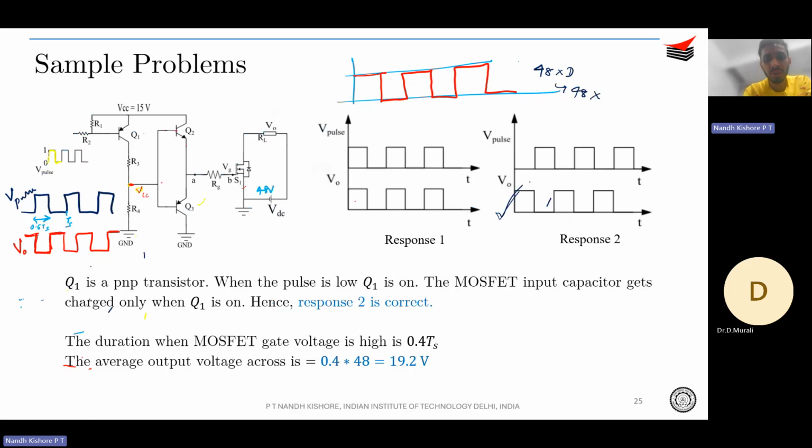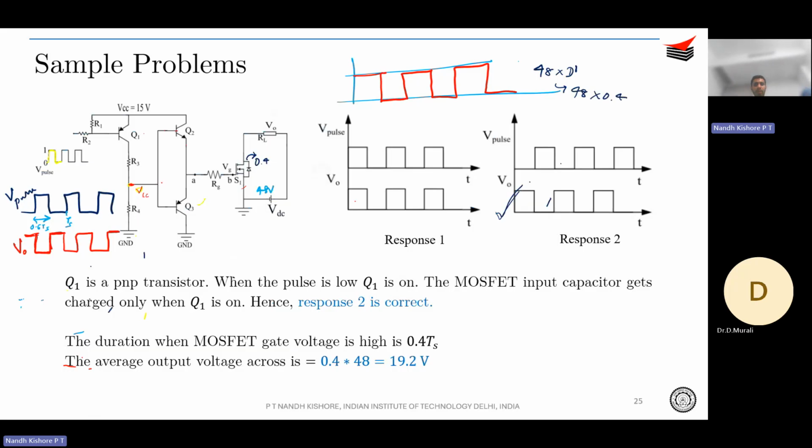So 48 into, okay, so over here the pulse is for 0.6 period. So obviously you have a complementary relation. If your pulse is for 0.6 period, the MOSFET would be on for 0.4 interval, or 40%, or D dash interval. So 48 into D dash, so 48 into 0.4.